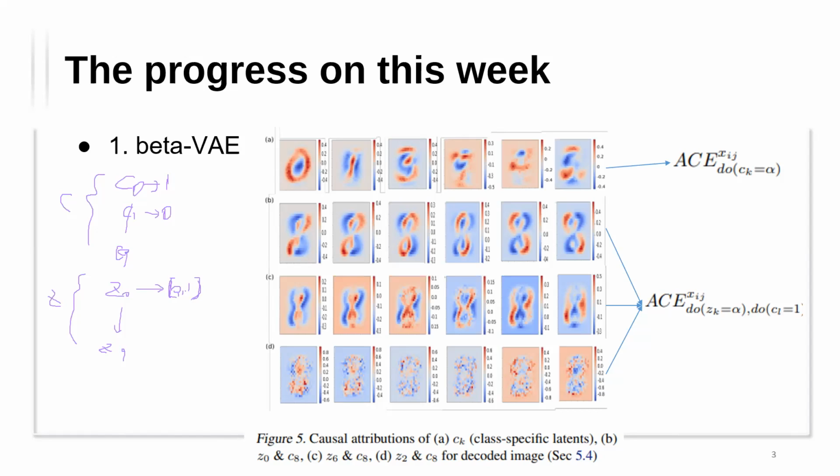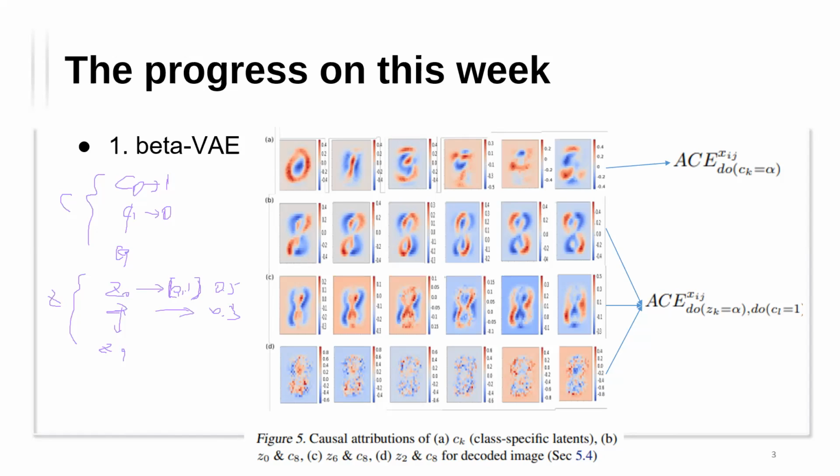So Z0 to Z9 is not supposed to be exclusive. For example, Z0 could be 0.5 and Z1 could be 0.3. It is possible, right? Given that, the Z dimensions are just controlling the shape.